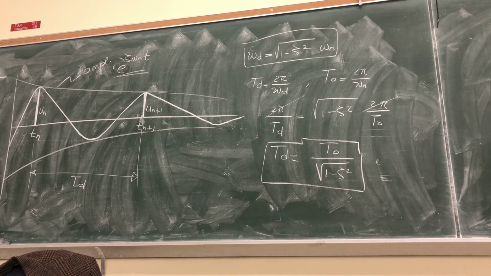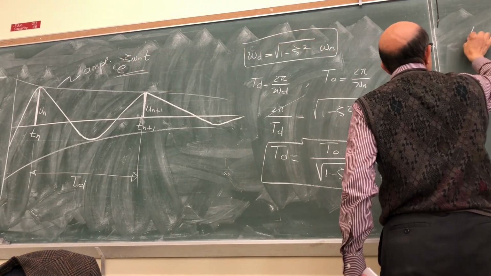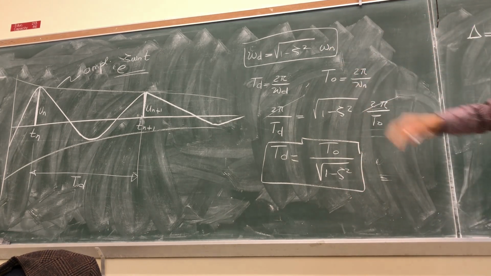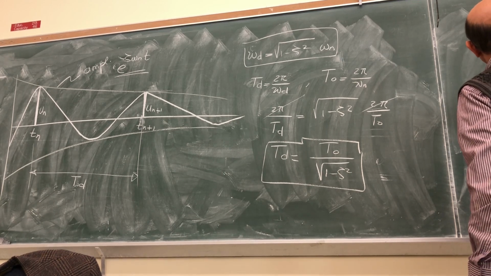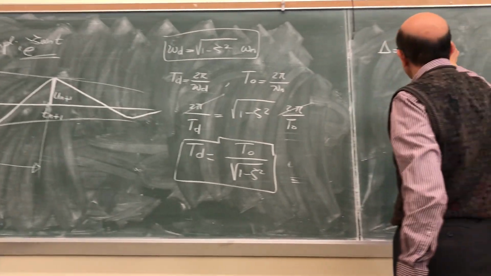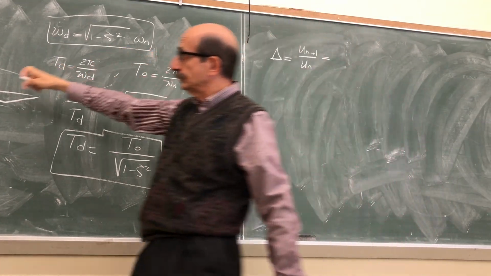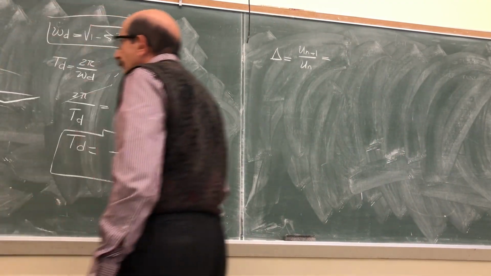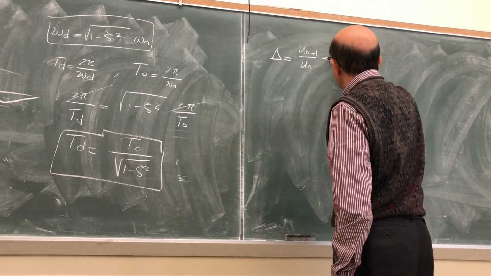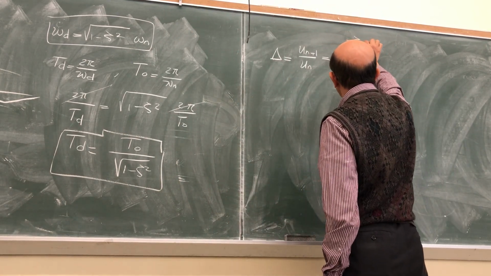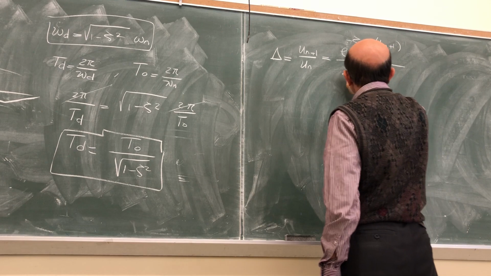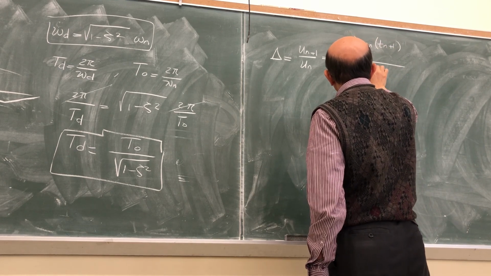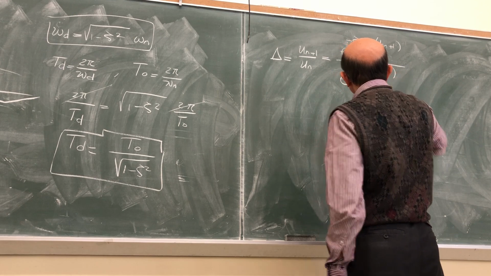So now let's look at these two, and what I will do, I will look at the ratio of these two. In other words, I will write down the ratio of u n plus 1 over u n, okay? The amplitude is this, right? At any time. So at t n plus 1, I have e to the minus zeta omega n t n plus 1, and here you have e to the minus zeta omega n times t n.